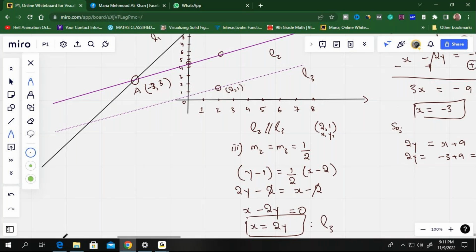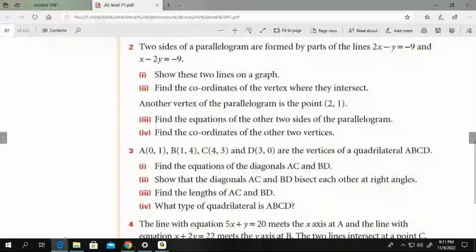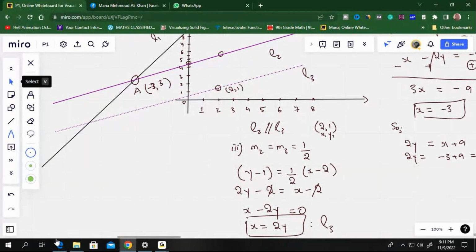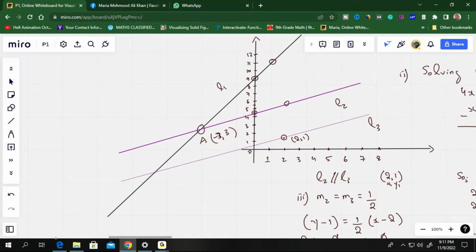Then I need to find out the equation of the fourth line. The fourth line is going to be parallel to my L1.